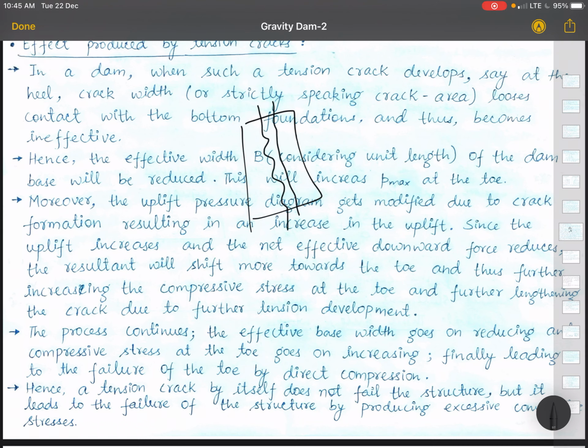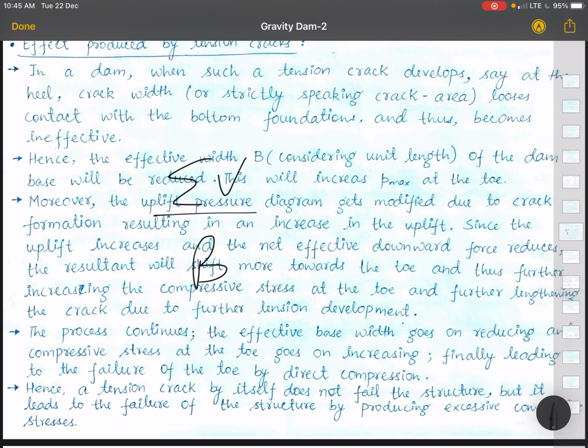The contact is being lost, which is not good for the stability of the dam, so we are not going to allow it. Hence the effective width will be less, and the formula for stress was summation V by B. If the effective width is reducing, overall stress will increase. So this is not good.